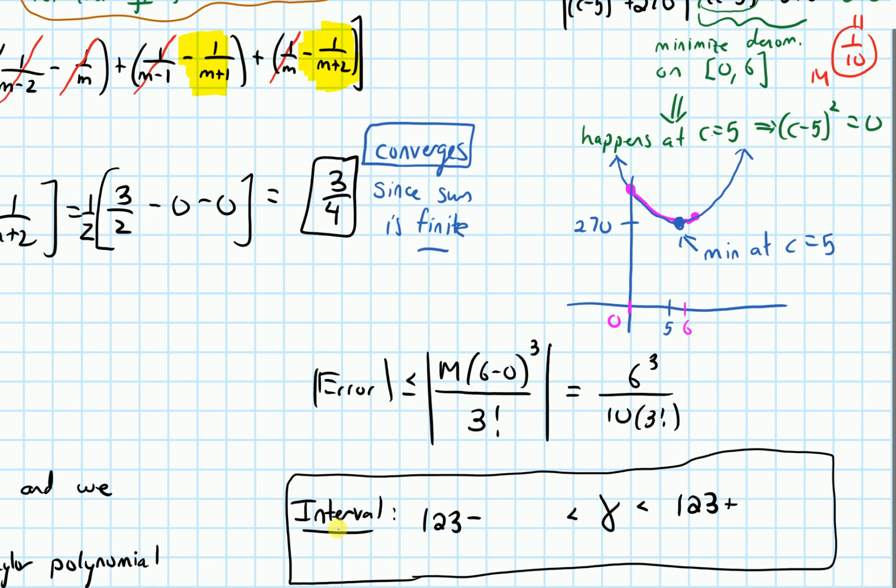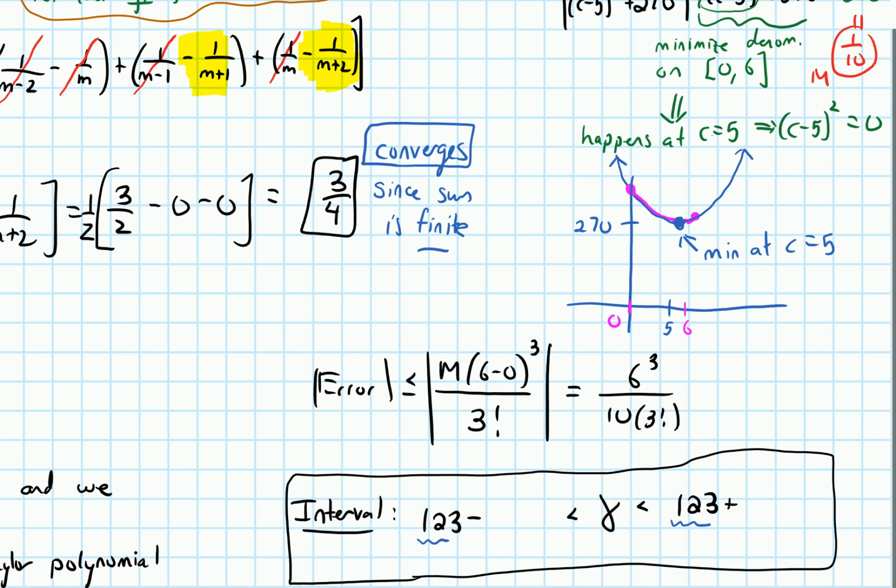So if we want our interval for what gamma is in between, we take that approximation. The problem told me that gamma is approximately 123. Then I need to subtract and add this upper bound for the error, because the error is how much gamma could be off when we approximated 123.